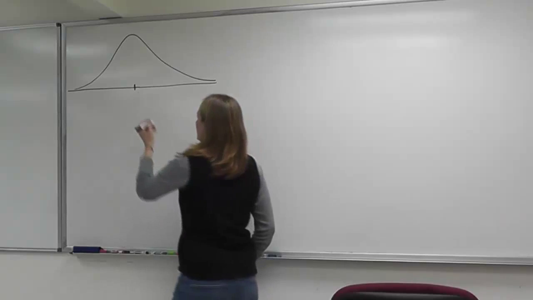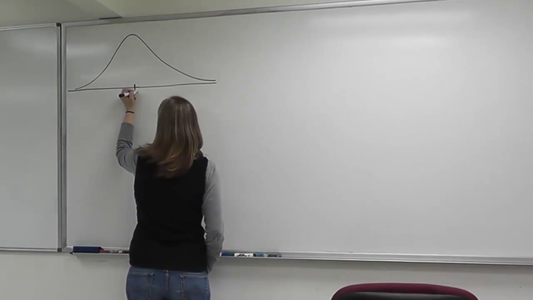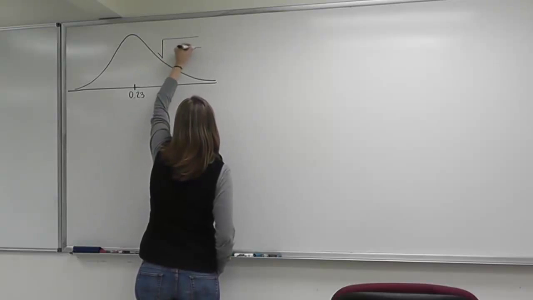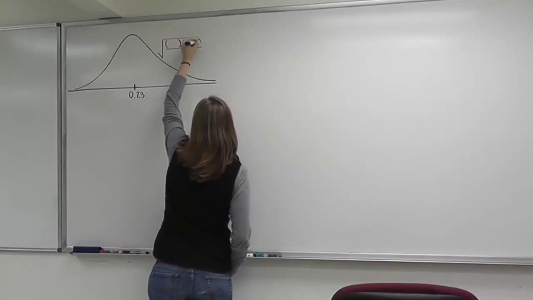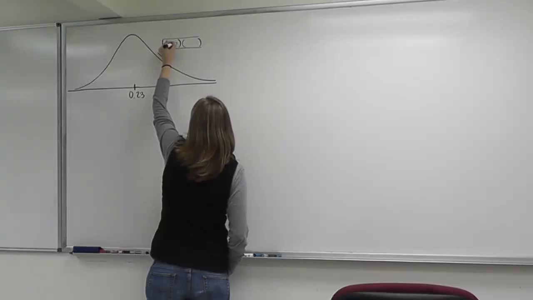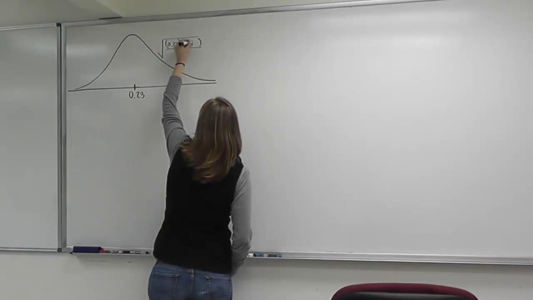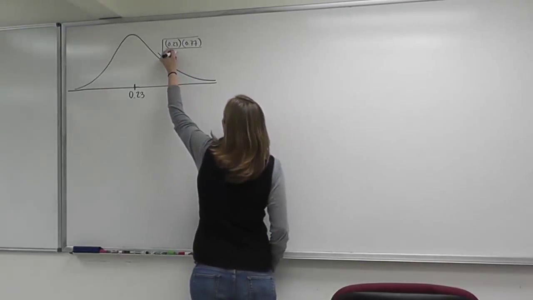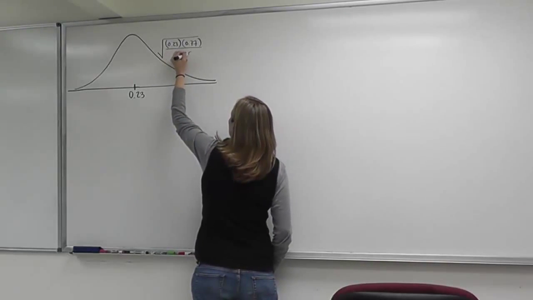P. So that 23% or 0.23. I'm going to use that same P to determine the standard deviation. And the 77% that don't have at least one tattoo. And our sample size of just over 1,000.